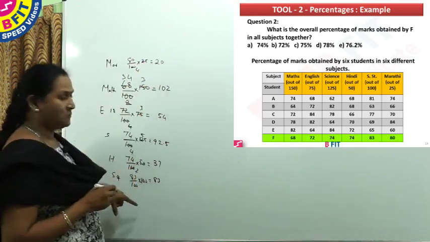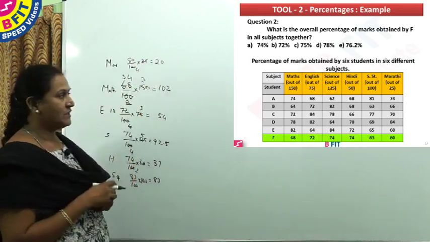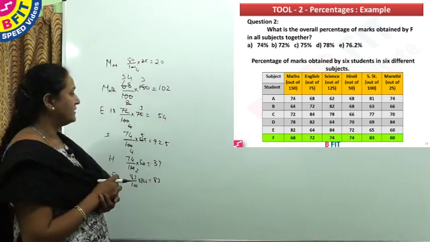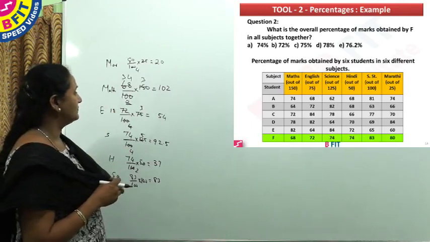Now adding all the marks got by F in all the subjects, divided by the maximum marks, into 100, we get the percentage. And now what will be the total marks?